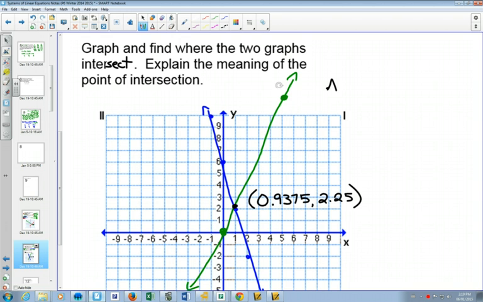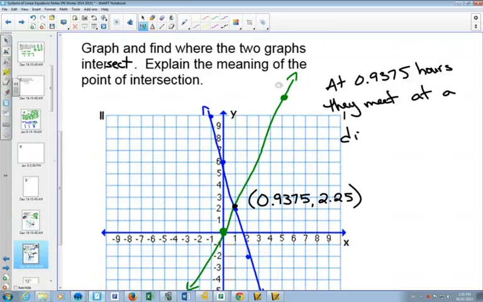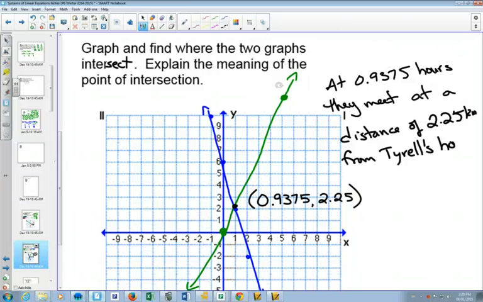This point means at 0.9375 hours, just less than 1 hour, they meet at a distance of 2.25 kilometers from Tyrell's cabin.